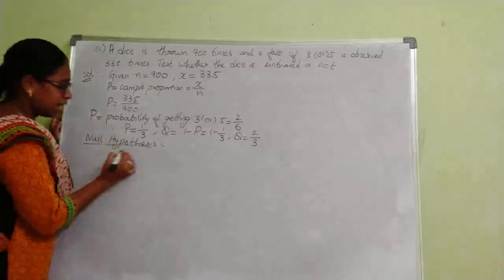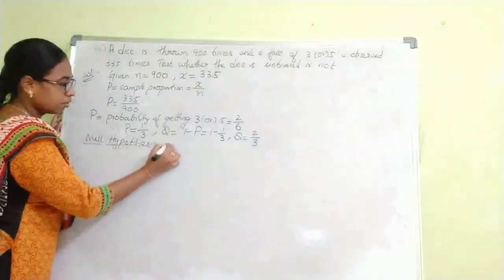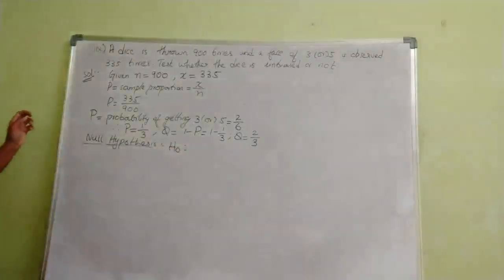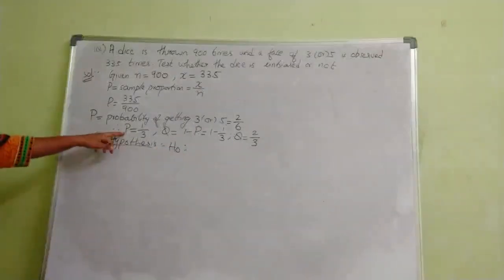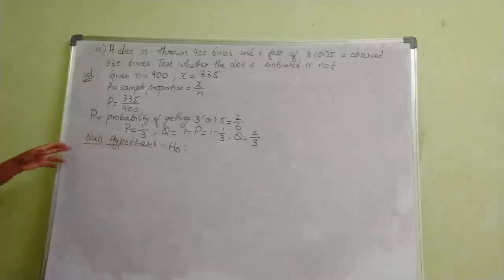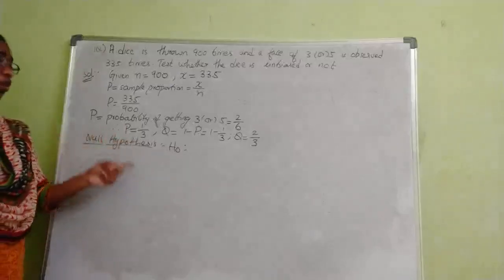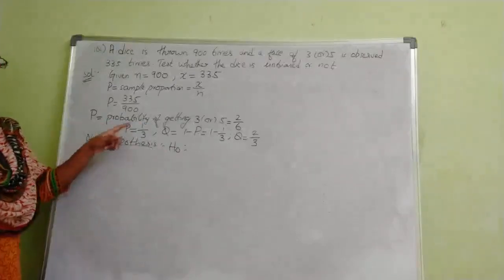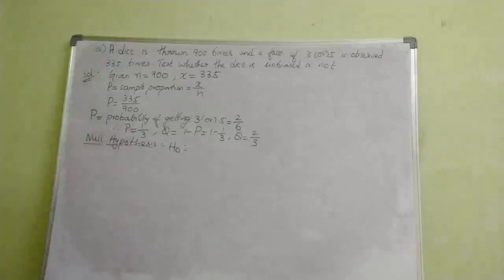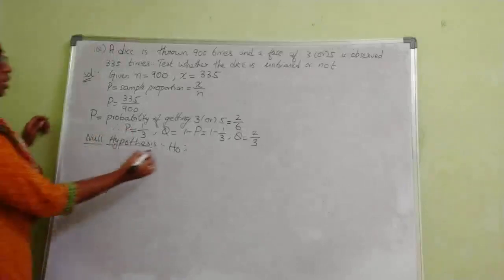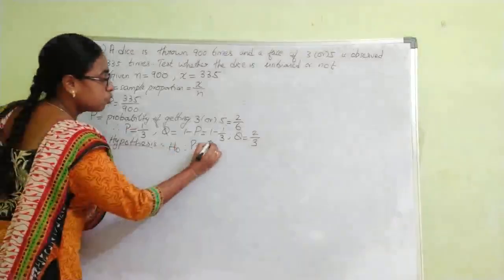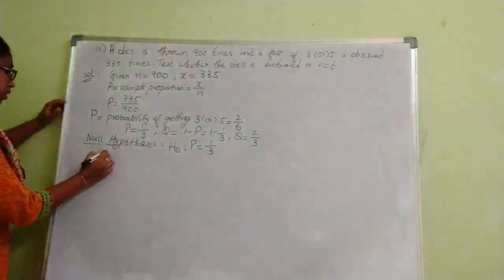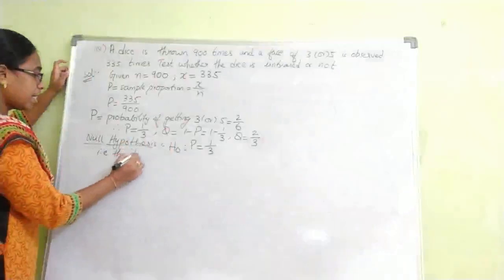So H naught, such that, what is the p value we are going to write? In the procedure I have written p equals p naught. If it is unbiased, what probability do you get? p equals 1 by 3. So write down H naught such that p equals 1 by 3, that is, the dice is unbiased.